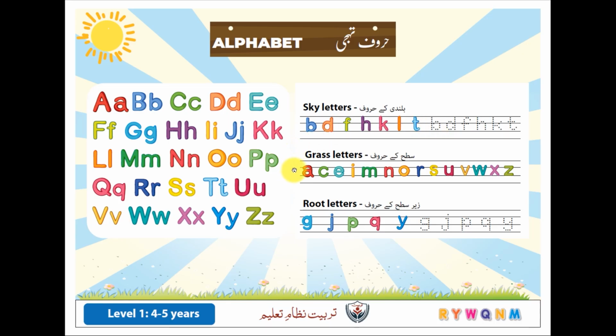Next are grass letters. Grass letters are on line number 2 and 3.